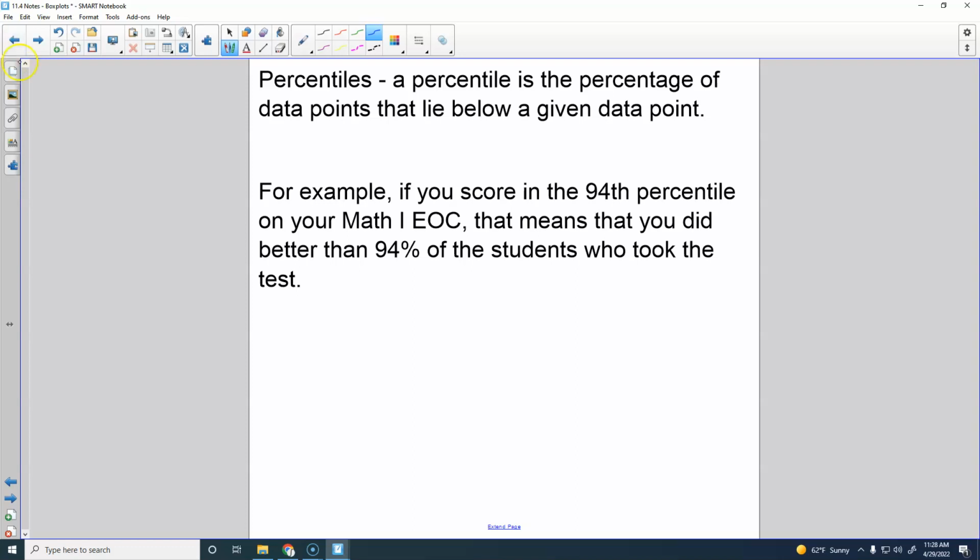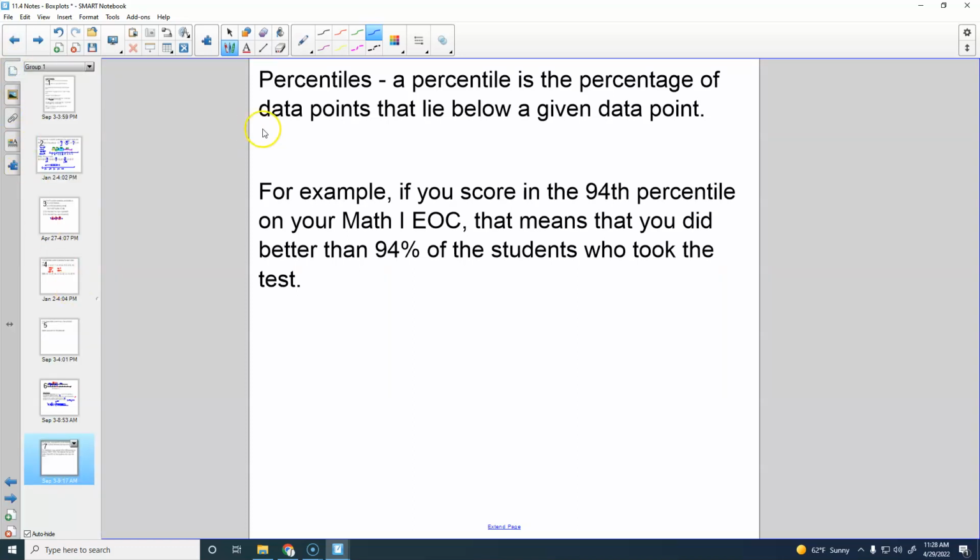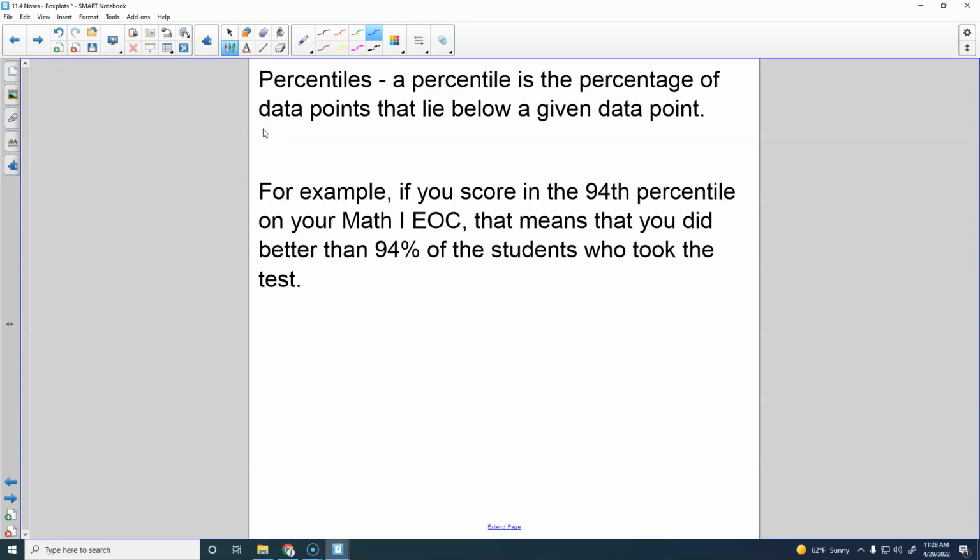Percentiles. This is the last thing that I want to talk about today. There's one place I know you guys see percentiles often. That is on your end of course exams or end of grade exams, right?